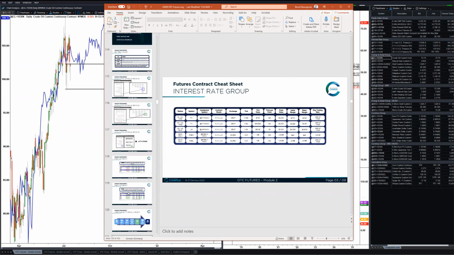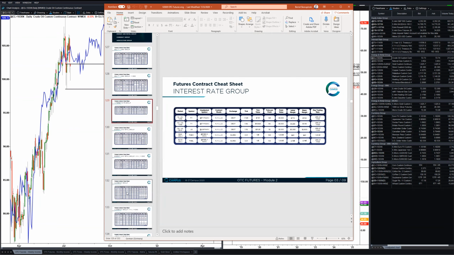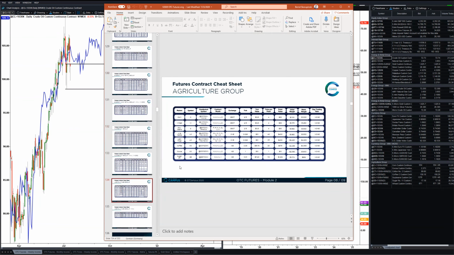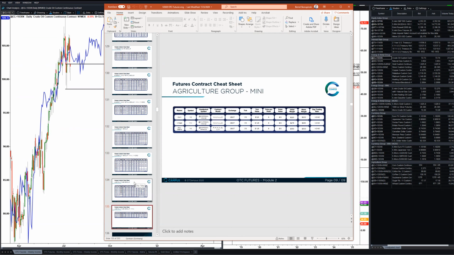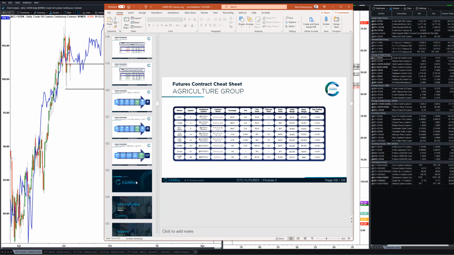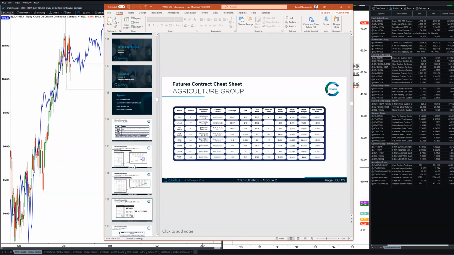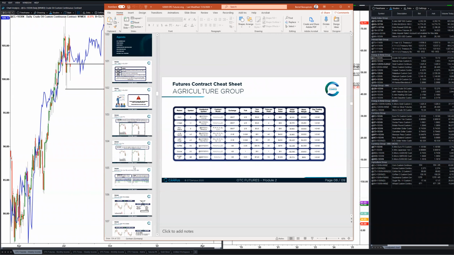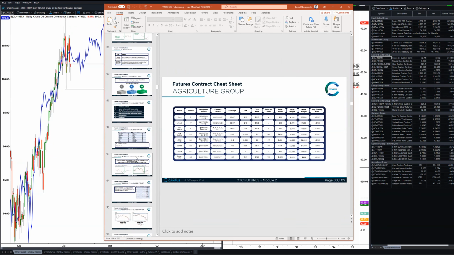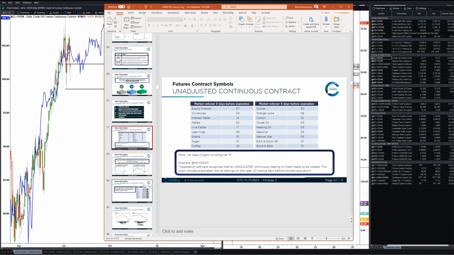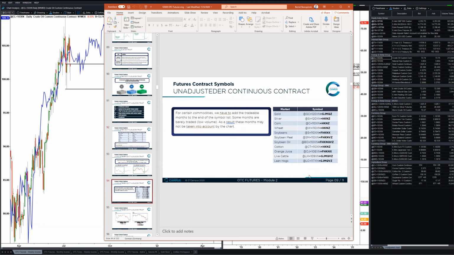If for instance soybean meal is not in the agriculture cheat sheet, here you have soybean, here you have soybean meal and soybean oil as well.